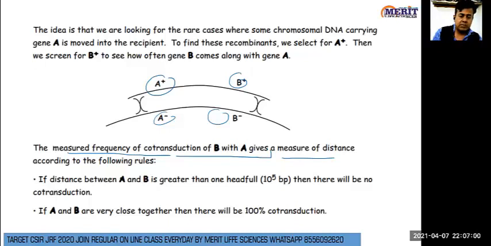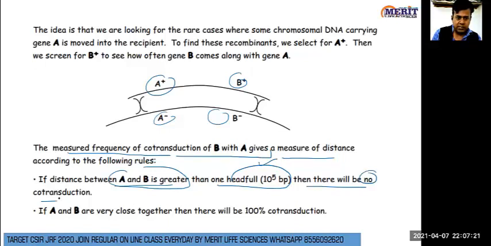If the distance between A and B is greater than 1 headful, meaning more than 10 power 5 base pairs, then there will be no co-transduction. If A and B are very close together, then there will be 100% co-transduction.